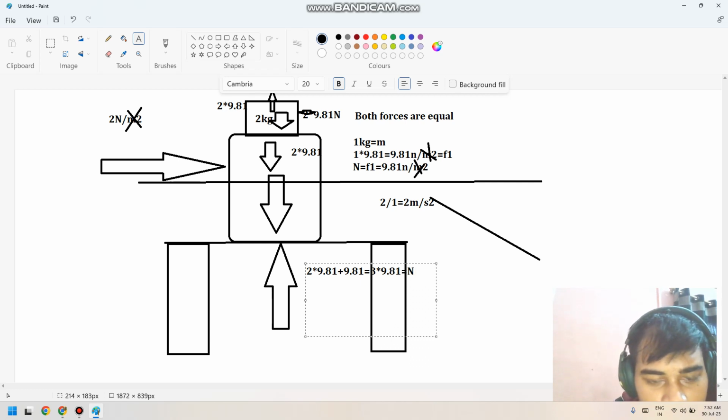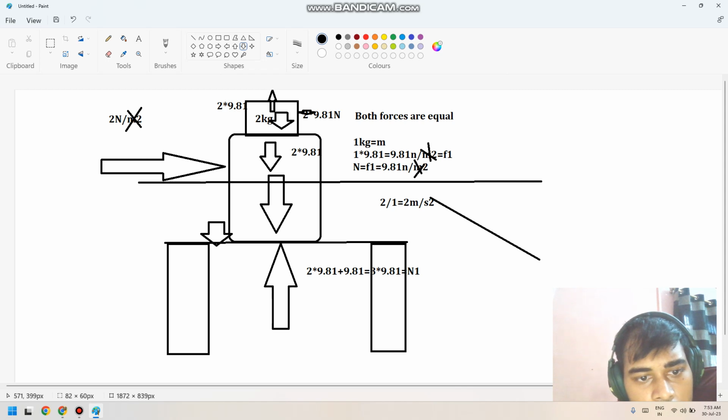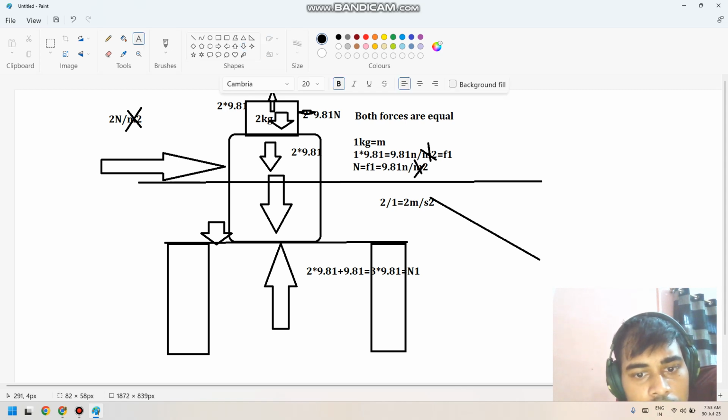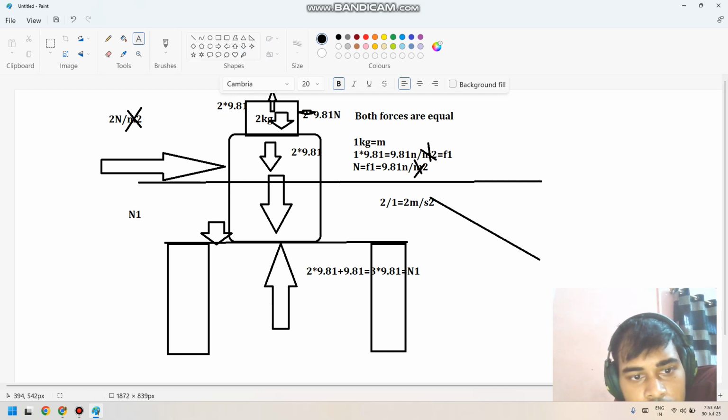Let's assume it is N1. So the force acting on this table will be acting here, but I am showing the diagram here. This will be equal to N1. Okay.